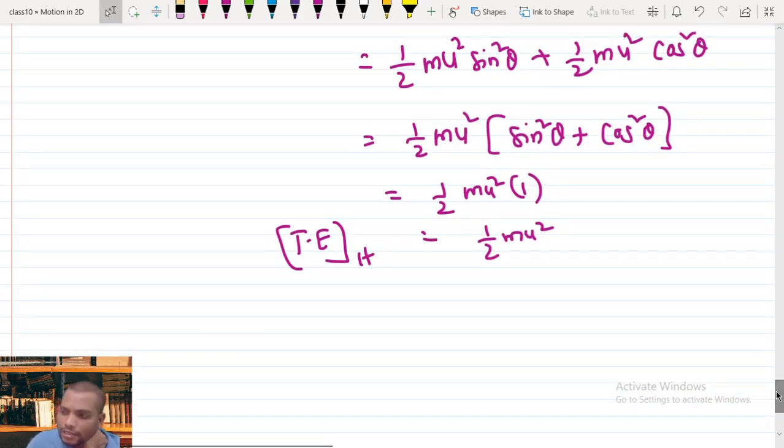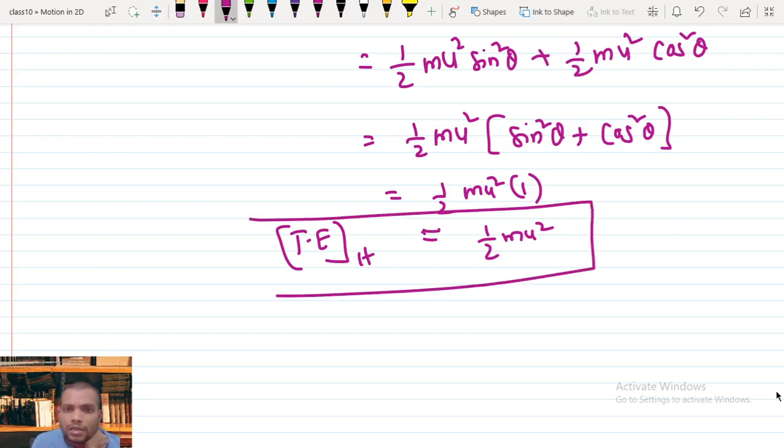So this is not only the energy at highest point, this is the total energy at the point of projection. This is the energy which the projectile is having at the initial point. That is also an important point here.